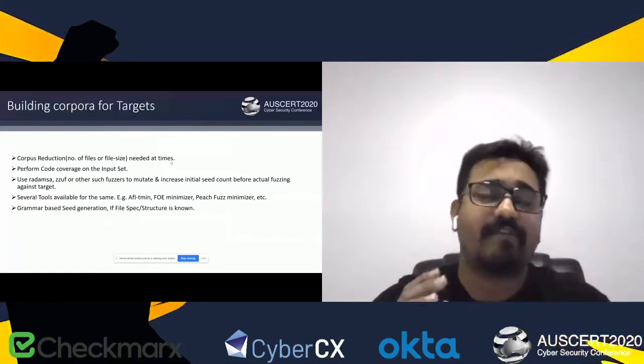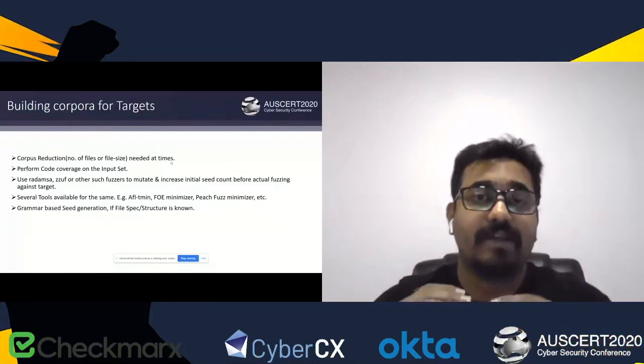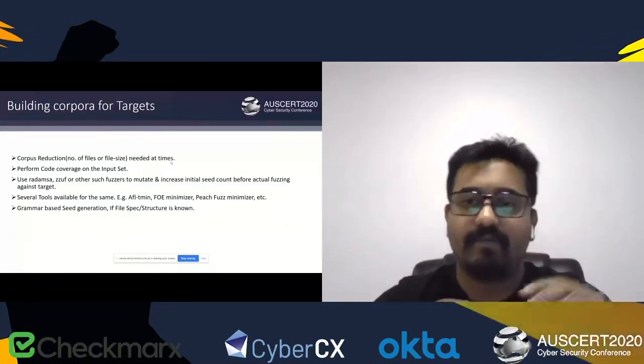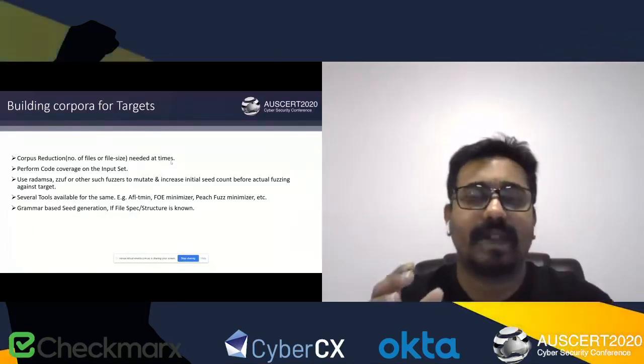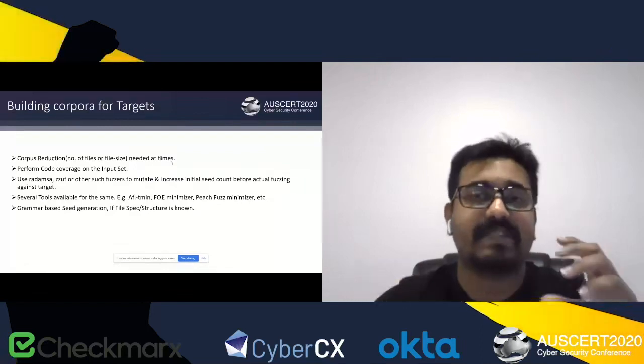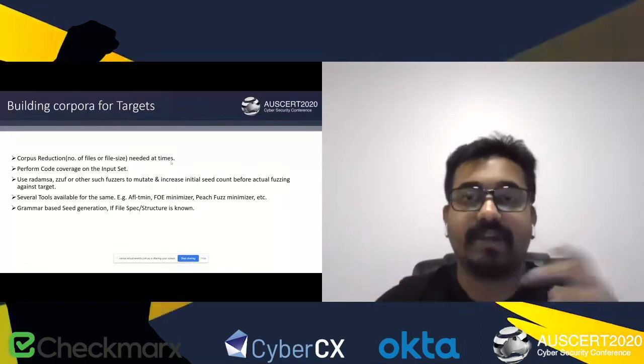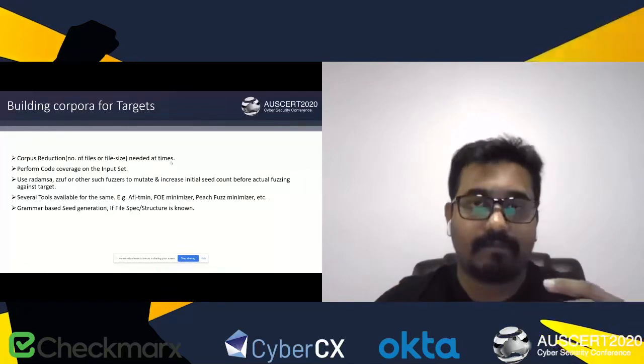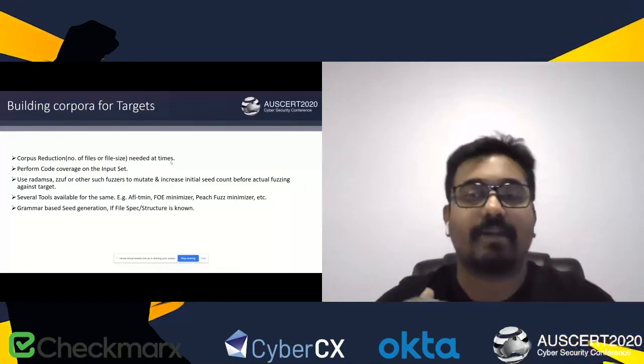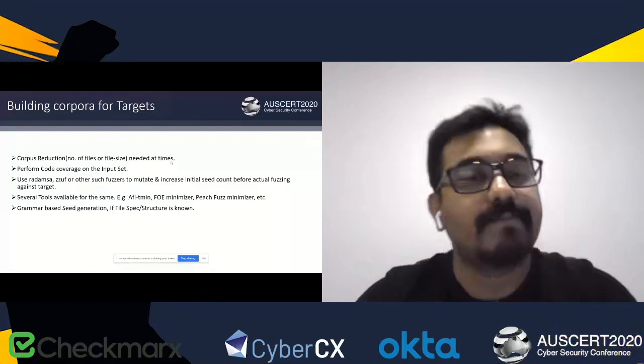If you have a bigger file, you can reduce it to a smaller file by removing all the excess data and keeping just the syntactically relevant data inside. That will reduce the time required to parse each individual file.